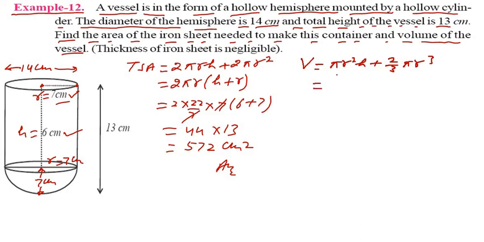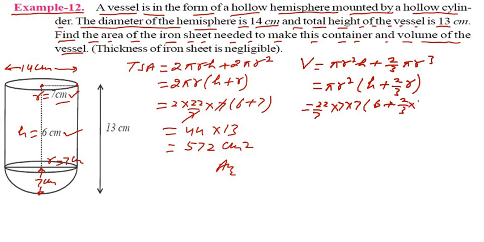Now pi R square is common, so we get H plus 2 by 3 of R. Now put the value, pi is 22 upon 7, R is 7, so 7 into 7, H is 6, plus 2 by 3, R is 7.